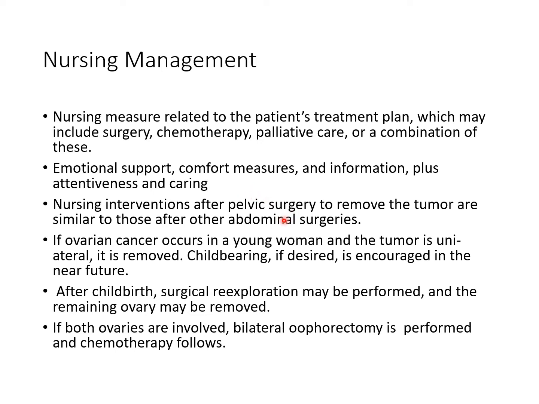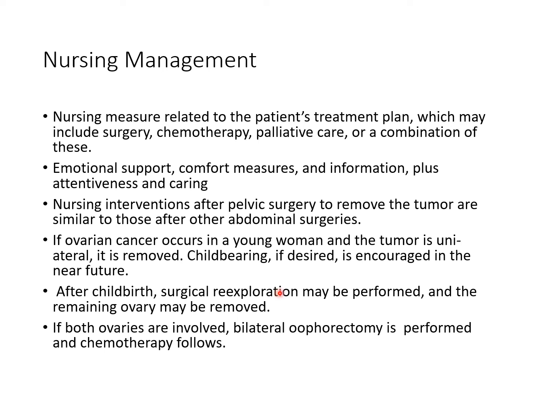So your nursing interventions after pelvic surgery to remove the tumor are similar to those after any type of abdominal surgeries. If ovarian cancer occurs in a young woman and the tumor is unilateral, it is removed. Childbearing, if desired, is encouraged in the near future. After childbirth, surgical re-exploration may be performed, and the remaining ovary may be removed as well. So you just want to go back to see if anything is amiss afterwards, right?